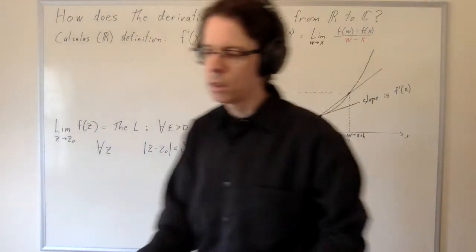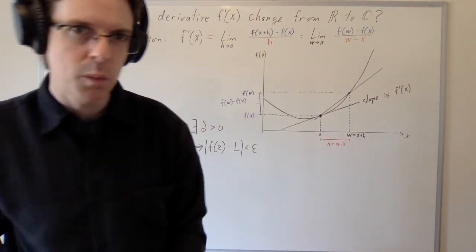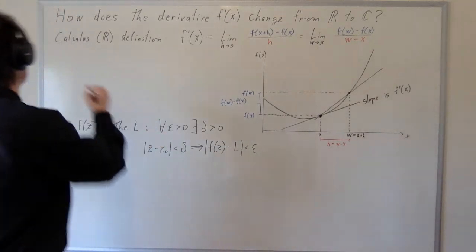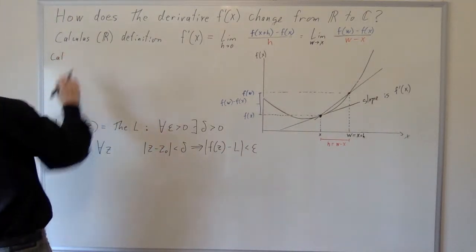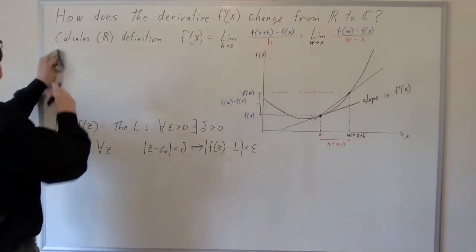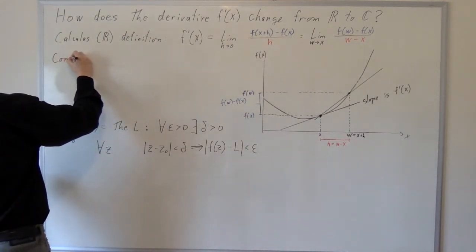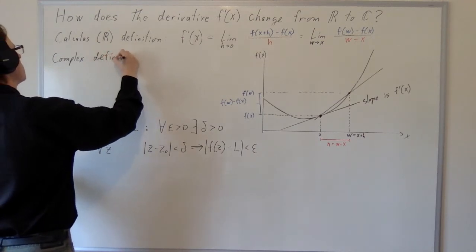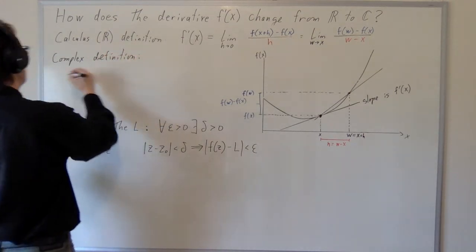Now, our interest is in complex analysis. How does this change when we do complex analysis? Well, let's reveal the complex definition of the derivative here using the full power of the complex numbers. And you'll see it doesn't change one bit.